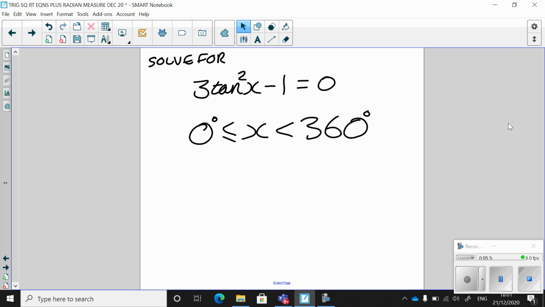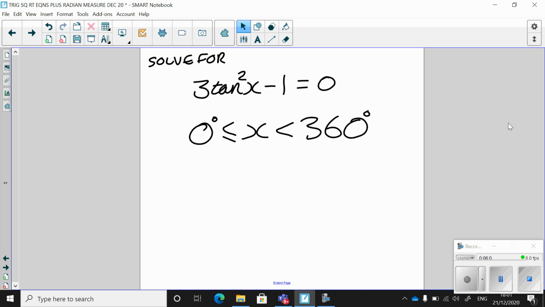3 tan squared x take away 1 equals 0. And just go over the wording of that. 3 tan squared x take away 1 equals 0. So 3 times the tan of x, which is all squared, take away 1 equals 0. And I put in the values of x that I want to find my answers lying in, sometimes called the domain.